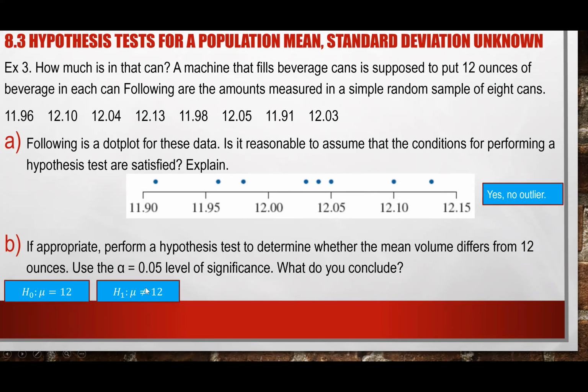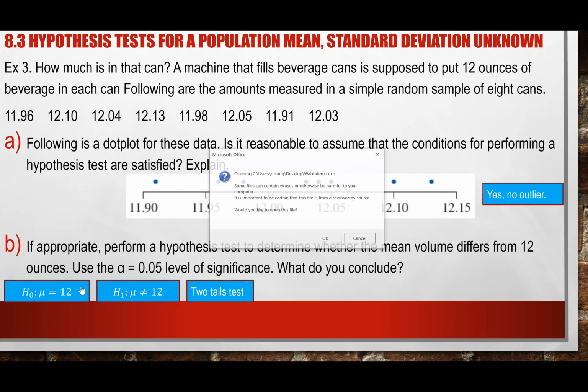Your claim is right here. You want to claim that the mean is not equal to 12, different from 12, and given that, that will be your two-tailed test. So now, ladies and gentlemen, look at this, which is my null hypothesis and my alternative hypothesis.